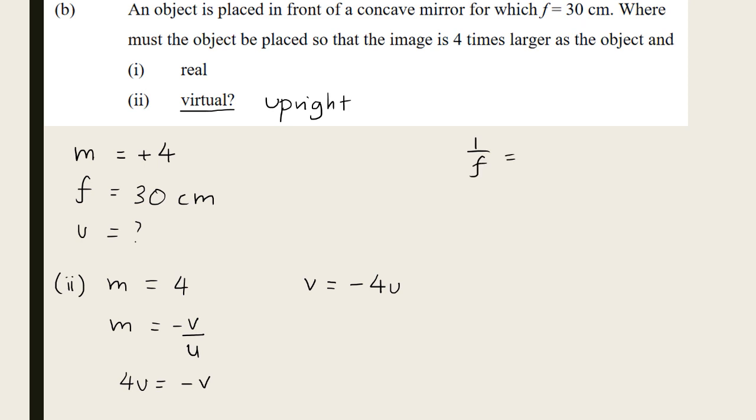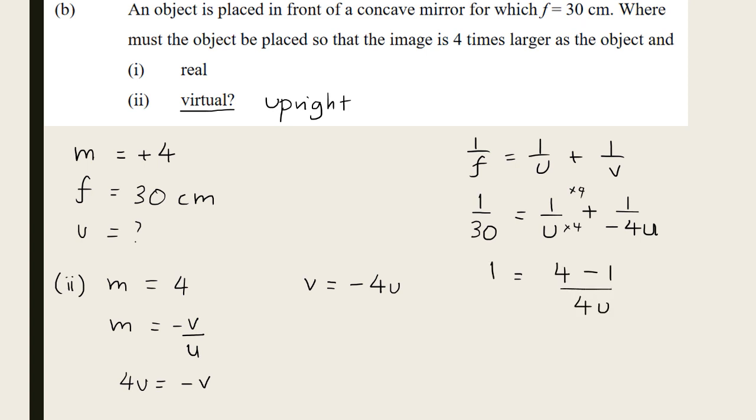Mirror equation, let's write it down again. 1 over u plus 1 over v equals 1 over f, 30. 1 over u plus 1 over negative 4u. Okay, now choosing the same denominator, 4 and 4, so 4 minus 1 over 4u, 1 over 30. 3 over 4u, 1 over 30.